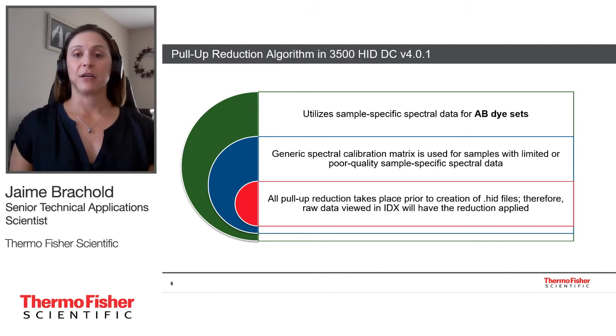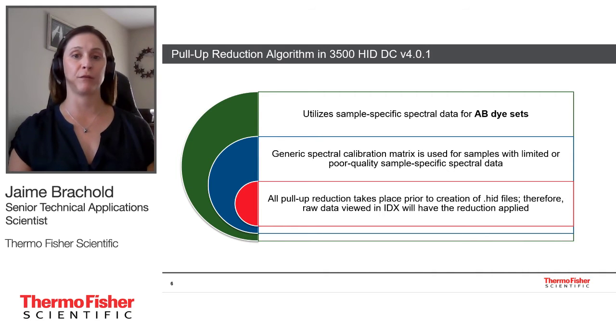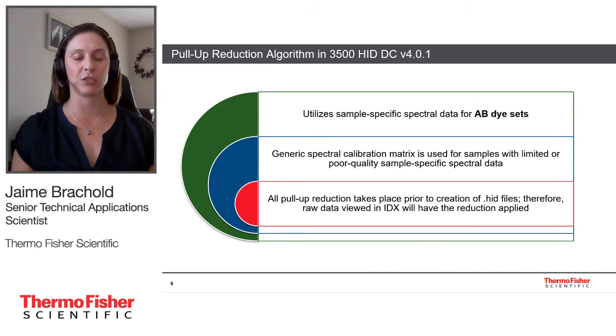If, for some reason, there is limited data in a particular sample, so if you think about a low-level sample where maybe there's only a few peaks, the algorithm is going to step back and say, hey, there's not enough data here for me to generate a spectral that is any better than the manual spectral that's stored here. So rather than trying to do something with limited data, just revert back to the manual calibration.